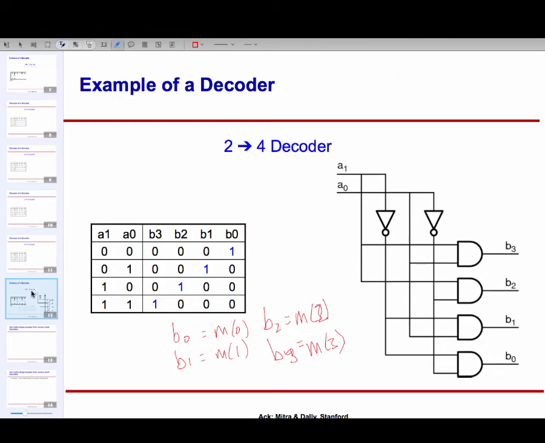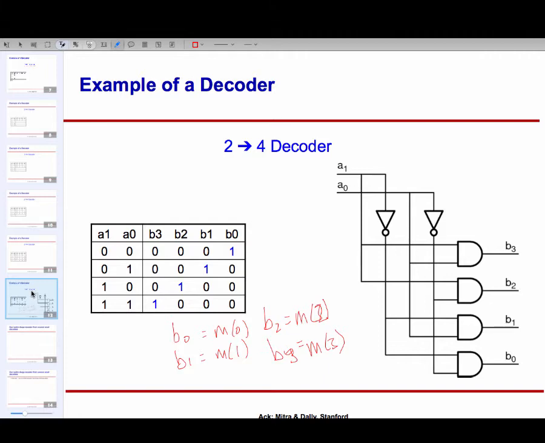Now the problem with this strategy is that you don't want to build decoders always from scratch. What usually happens is that, much like when you're writing software and are given a library of subroutines or classes, and then you build your software system using that. In hardware, what you might be given is a bunch of decoders, but you need a decoder of a different size.